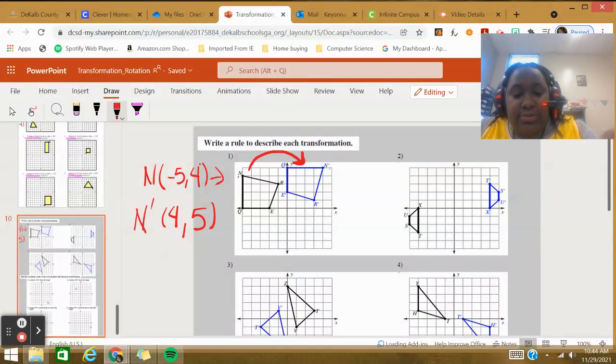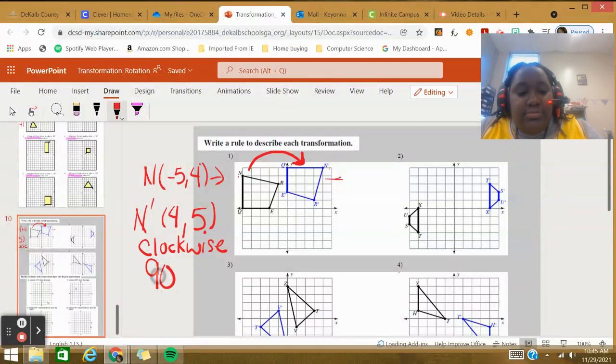If I'm going to the right, that means I have to go clockwise. All right. And so it looks like I changed my X and then I switched positions. So looking at my clockwise rules, where it says change X and switch positions, this rule will be 90 degrees.